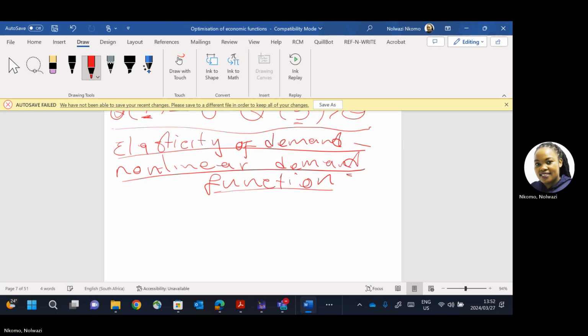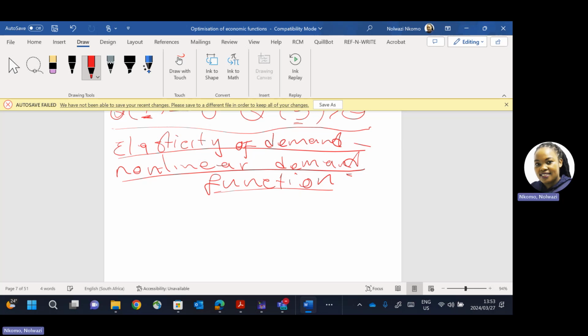It helps the firm decide how much to charge on their products. In addition, it helps businesses develop strategies, maximize profits, and reduce risk. So for them to maximize their profits and reduce risk, they need to know the elasticity of demand.